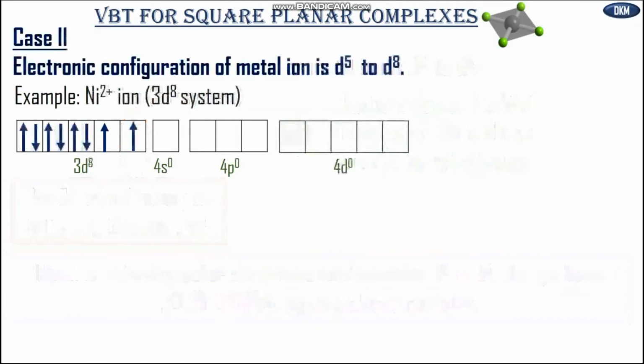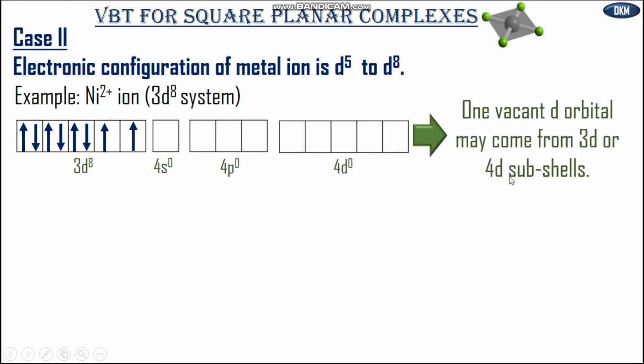Now come to case 2, where the electronic configuration of the metal ion is d5 to d8. Here, one vacant d orbital may come from the inner d or outer d subshell. Take the example of Ni2+ ion, where the electronic configuration is 3d8. Here, which d orbital takes part in hybridization basically depends on the nature of ligands.